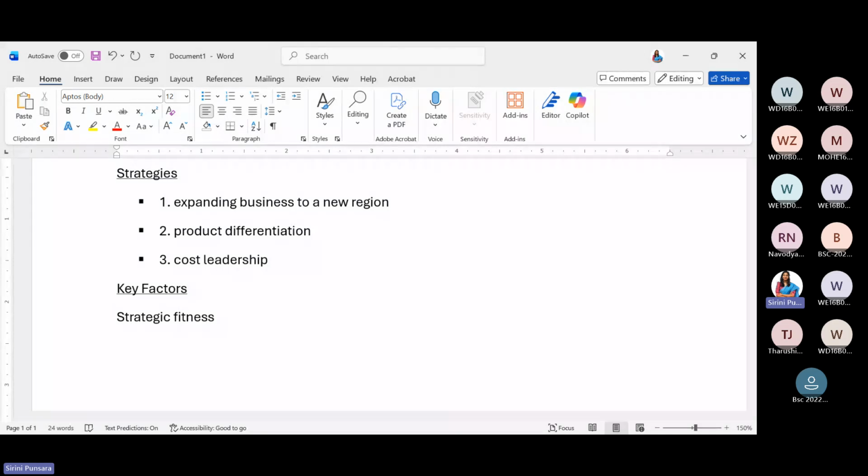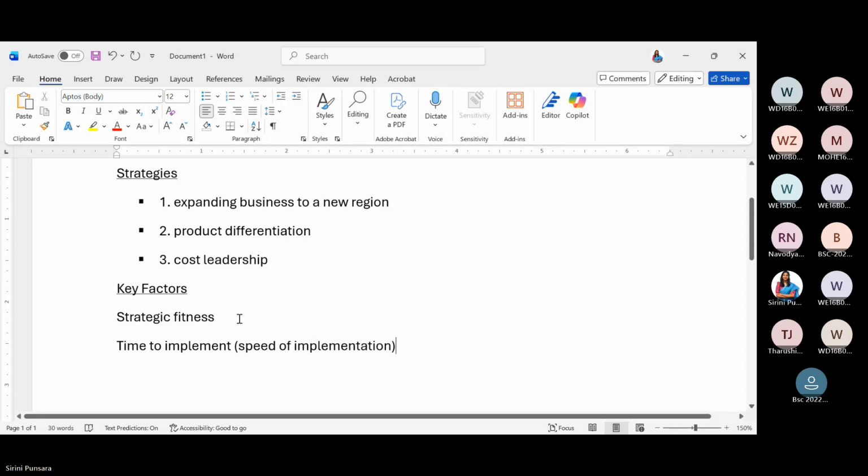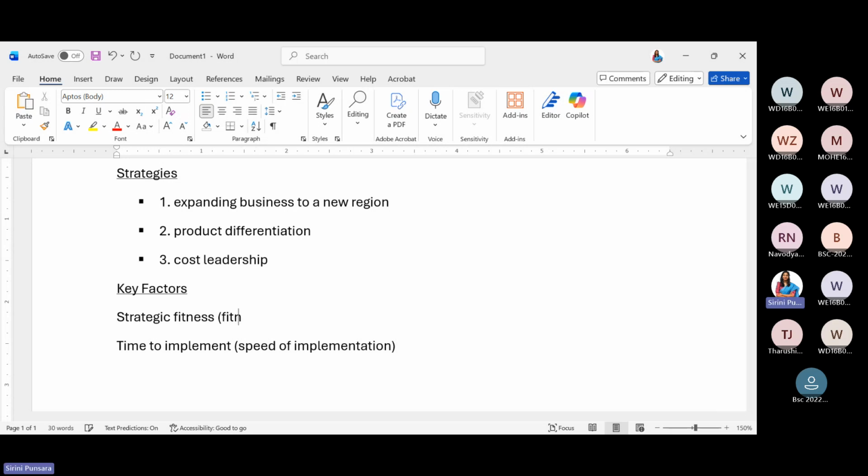Then we will be taking the time it takes to implement. Time to implement, that means speed of implementation. Here the meaning is fitness to company capabilities or vision.